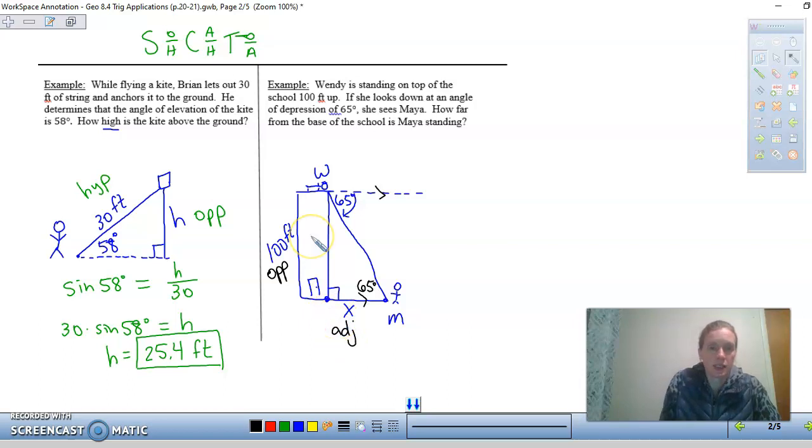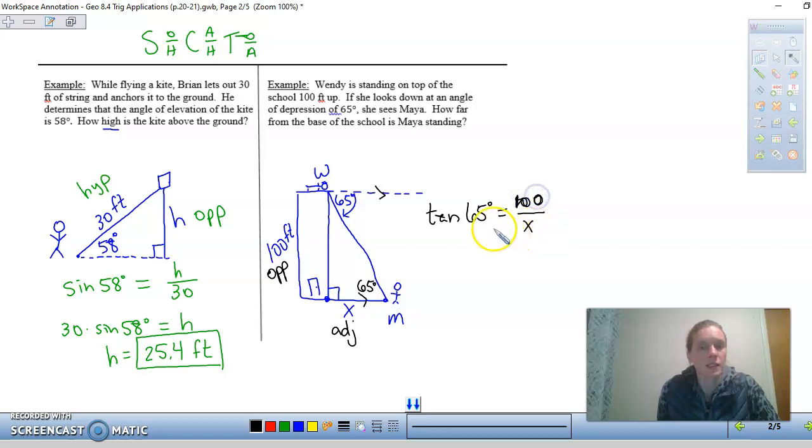Opposite adjacent is going to be tangent, right? So I'm going to set up tangent 65 degrees is equal to 100 divided by x. Okay, this is the harder version of solving for a side, when you have x in the denominator.